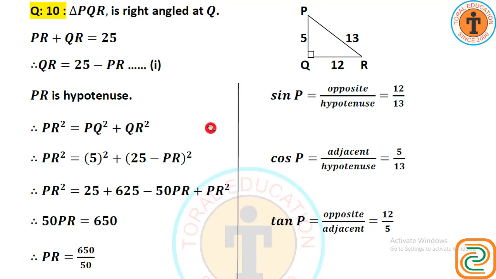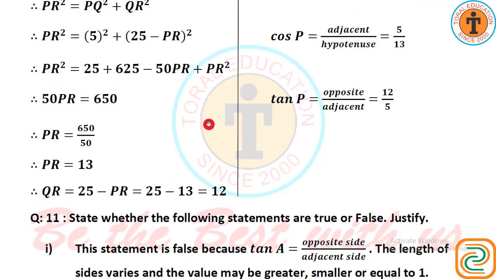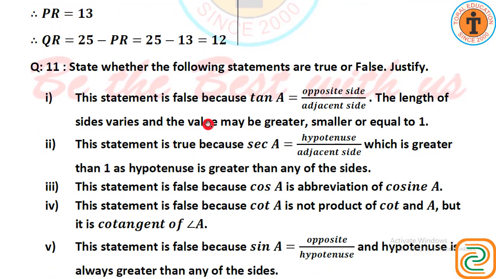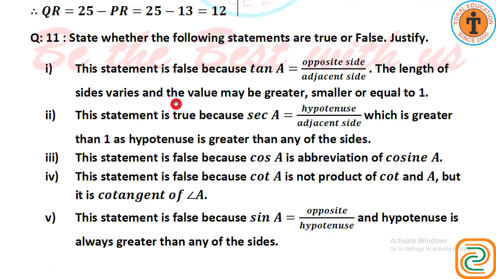Now question number 11. State whether the following are true or false. Justify your answer. First question: the value of tan A is always less than 1. It is false. This statement is false because tan A equals opposite side upon adjacent side.